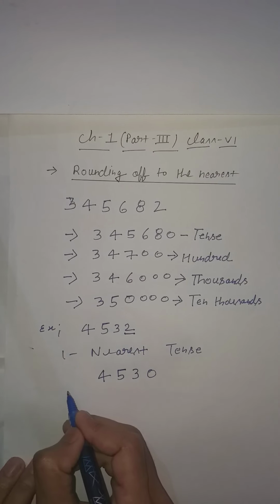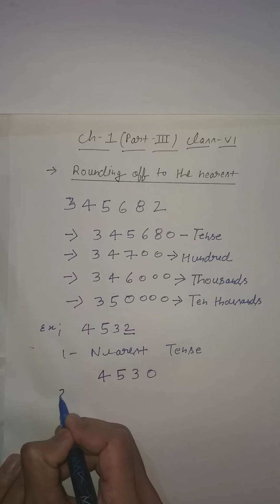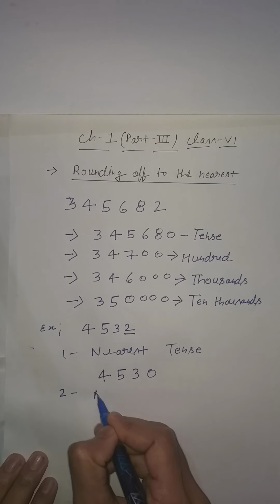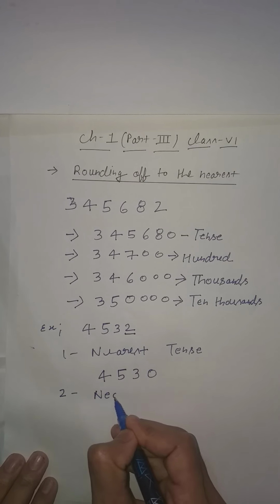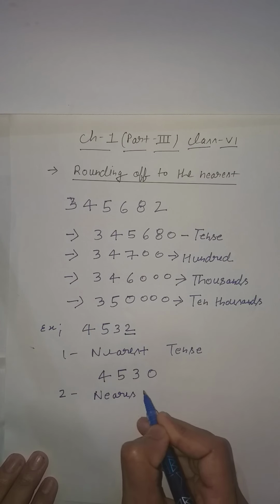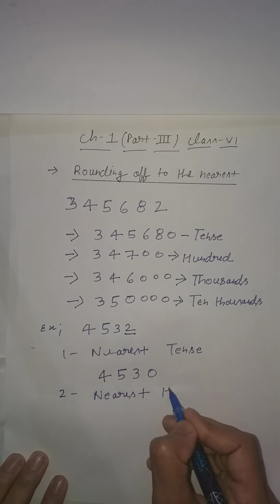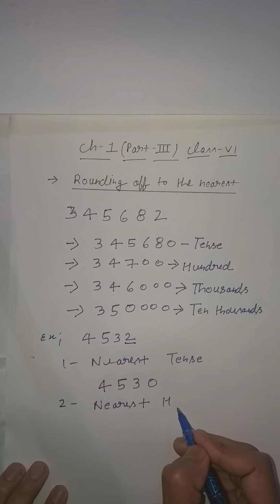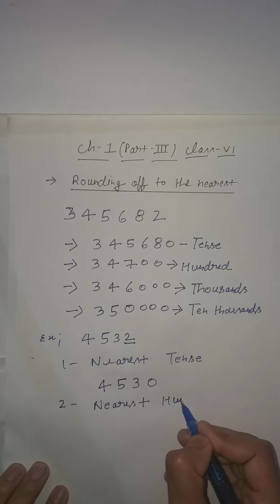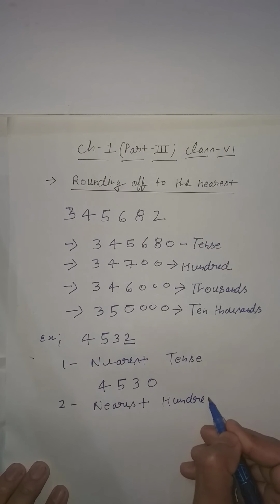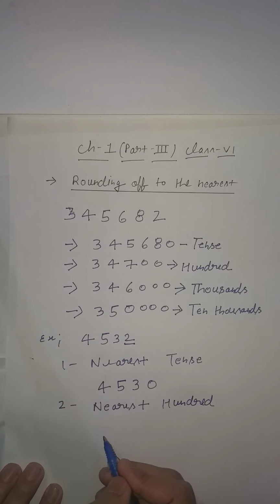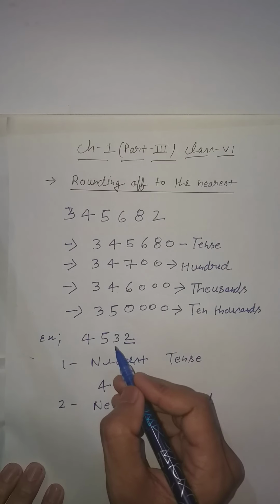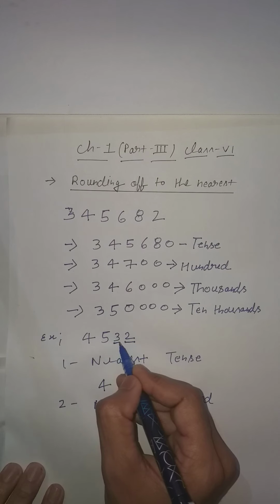Now the next is nearest hundred. Now in nearest 100, what you will see, tens place. So here tens place is 3.